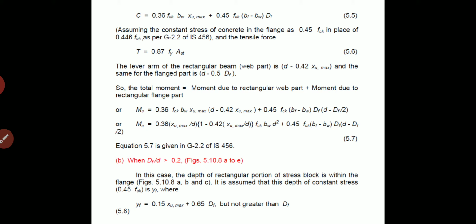Here it can also be written as Mu equal to 0.36 Xu max upon d, bracket 1 minus 0.42 Xu max upon d bracket close, fck into bw into d square plus 0.45 fck bracket bf minus bw bracket close into Df bracket d minus Df by 2 bracket close.